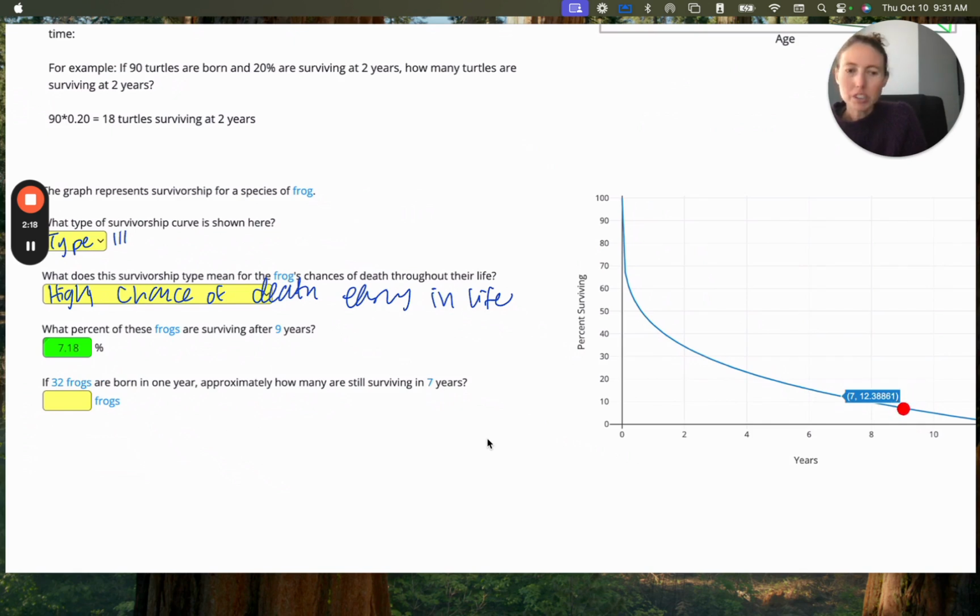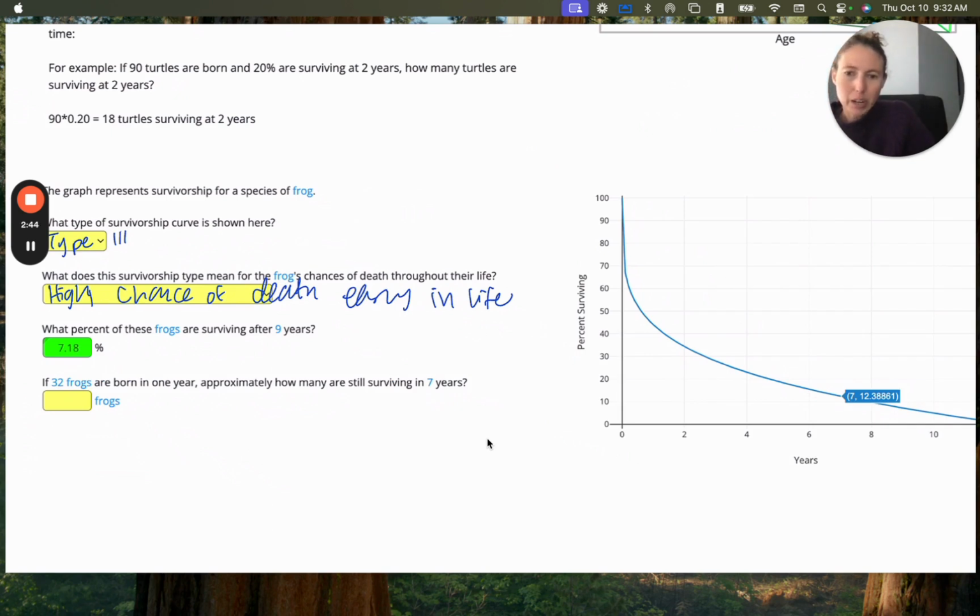You can also just estimate by looking at the graph because that's what you will be doing on the AP exam too. If you put something within a couple percent of the actual number, it'll count correct. So for this one, it would be a little bit less than 10%, a little bit more than 5%. So 7% is a good guess. And the actual value was 7.18% based on the numbers of the graph.